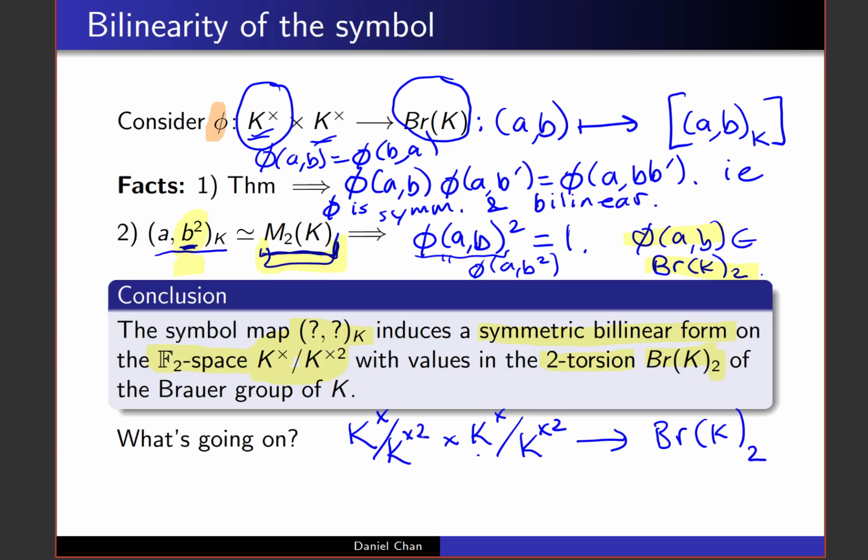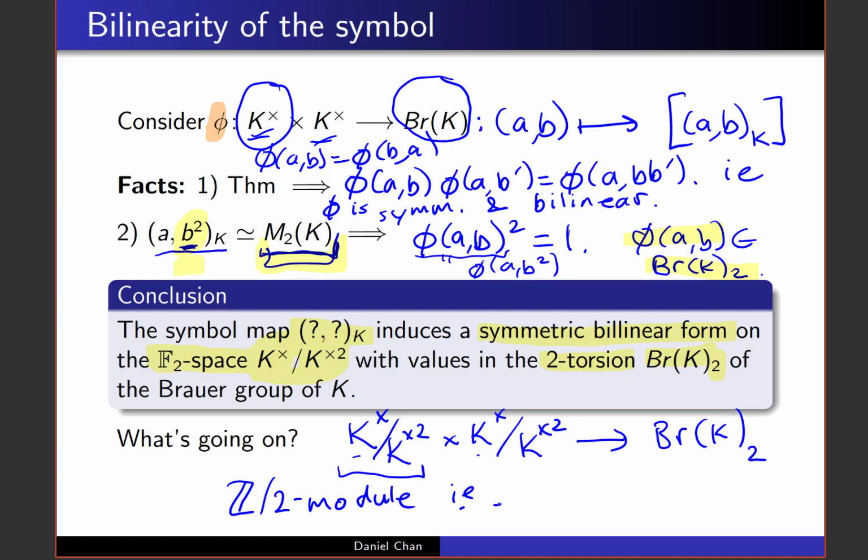Okay, so you've got an induced symmetric bilinear form on K cross, the multiplicative group of K, modulo the multiplicative group of squares. But what is this? So this K cross, it's an abelian group, although the multiplication is written as a multiplication, not an addition. And so it's a Z module. And then what you're going to do is factor out by all the squares. So this is, in fact, a Z mod 2 module.